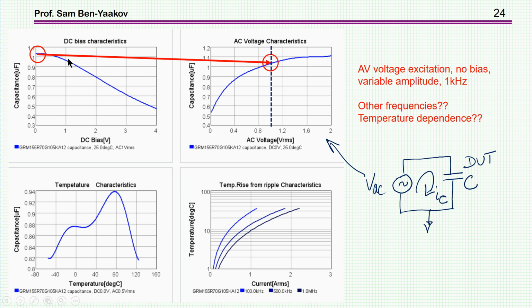We know that they are using 1-volt excitation. So this point and this point are actually the same point. But for no bias, lower amplitude and higher amplitude, you have different capacitances. Okay, and we see here up to 2 volt. This is again a 4-volt capacitor.